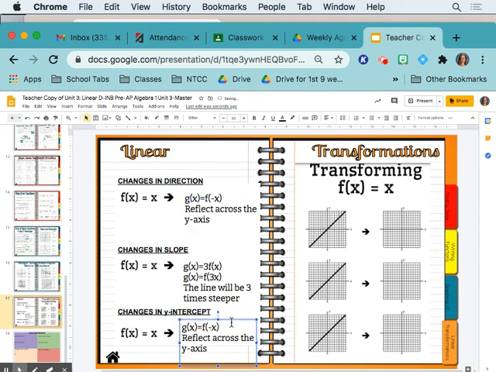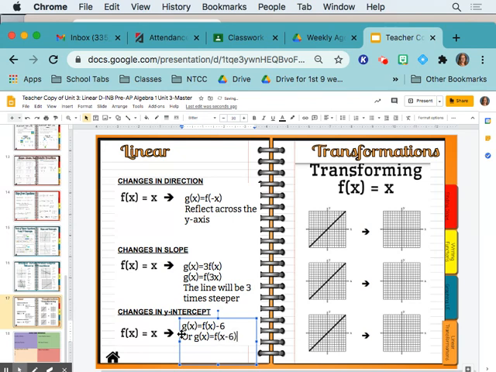And then the changes in the y-intercept will be f of x, let's say, -6. Or it could be g of x equals f of x minus 6.